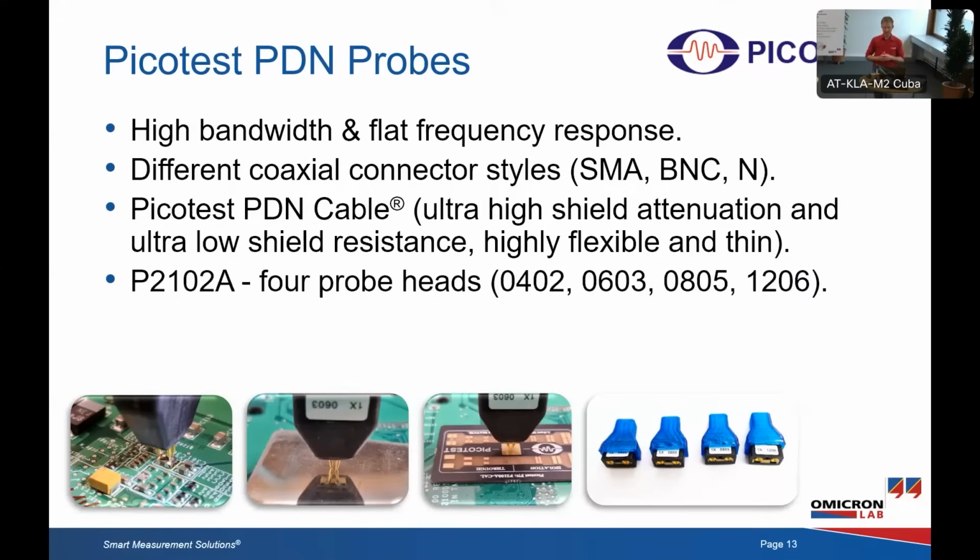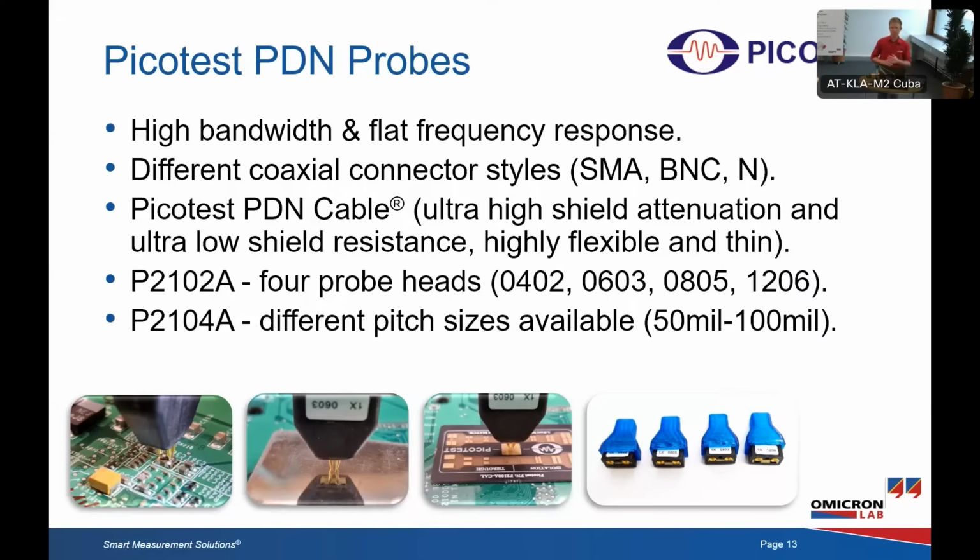The P2102A, that's a 2-port probe that I also have mounted here, comes with 4 probe heads for different SMD styles, that's 0402, 0603, 0805, and 1206. And the 1-port probes are available in different pitch sizes. They range from 50 mils to 100 mils, and I think they're even customizable by Picotest.